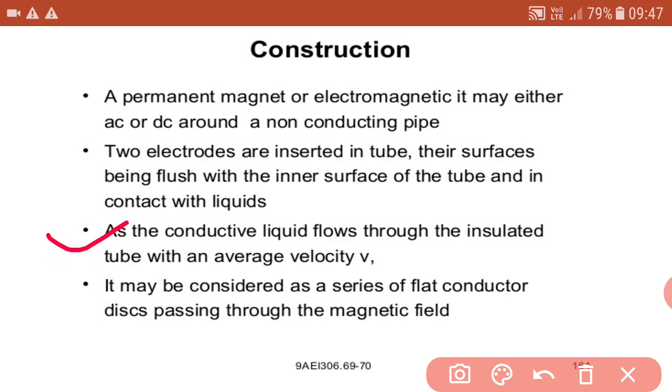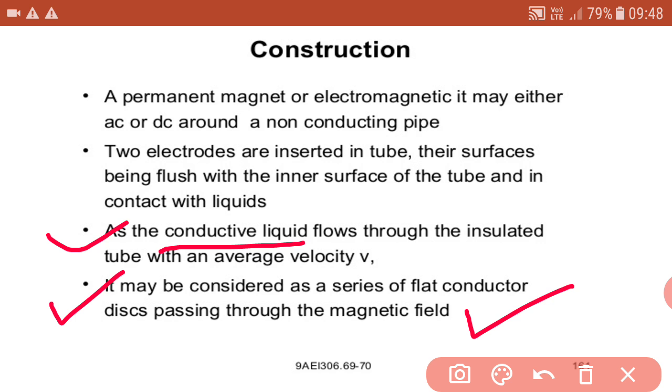As the conductive liquid flows through the insulated tube with an average velocity v, it may be considered as a series of flat conductor discs passing through the magnetic field. So here one condition is that the liquid should be conductive.